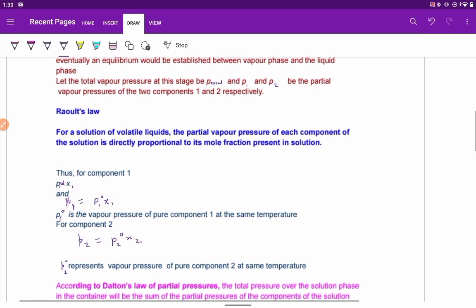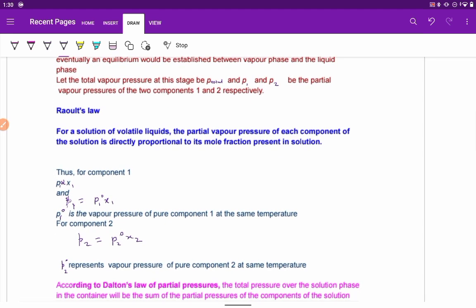As per Raoult's law, if there is a solution of volatile liquids, the partial vapor pressure of each component of the solution is directly proportional to its mole fraction present in solution.